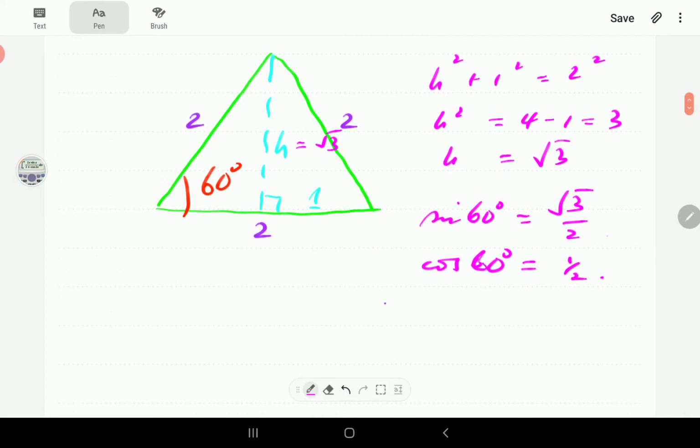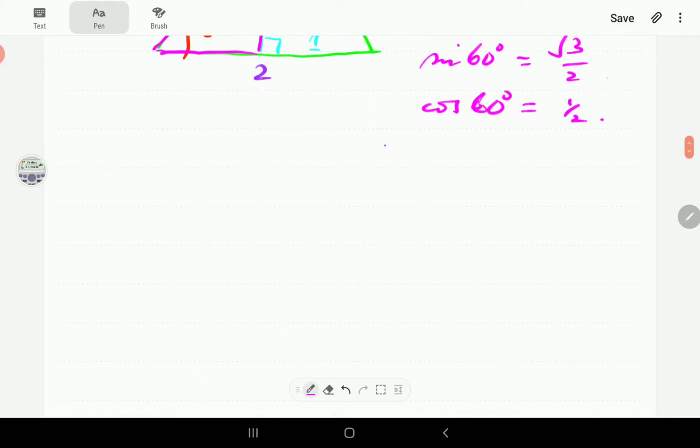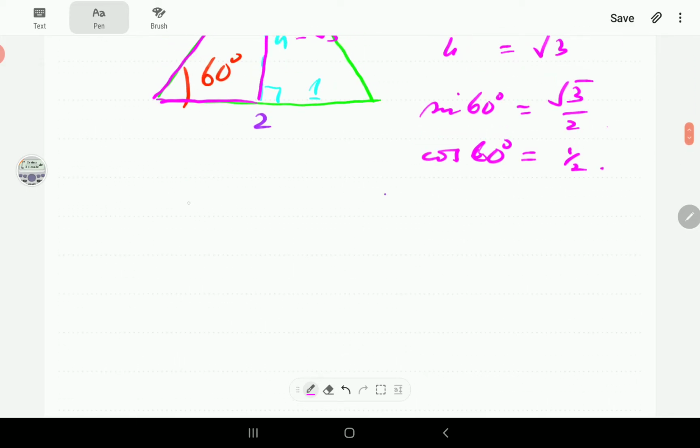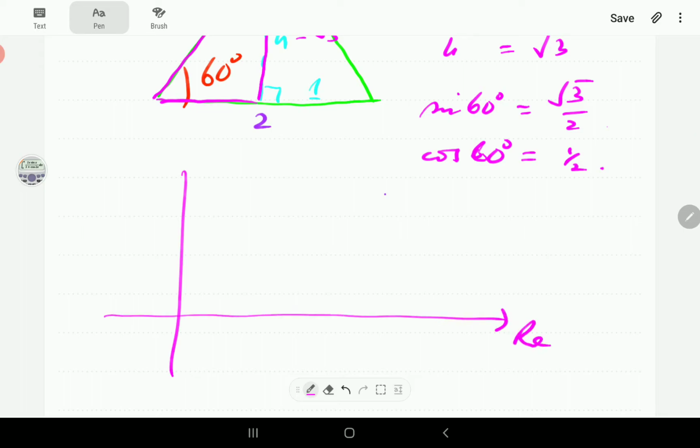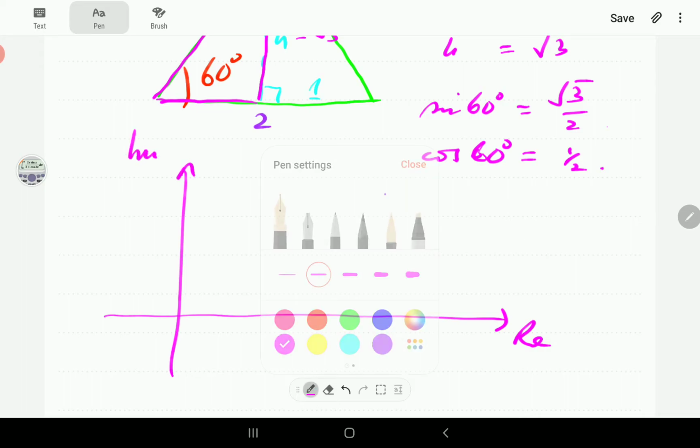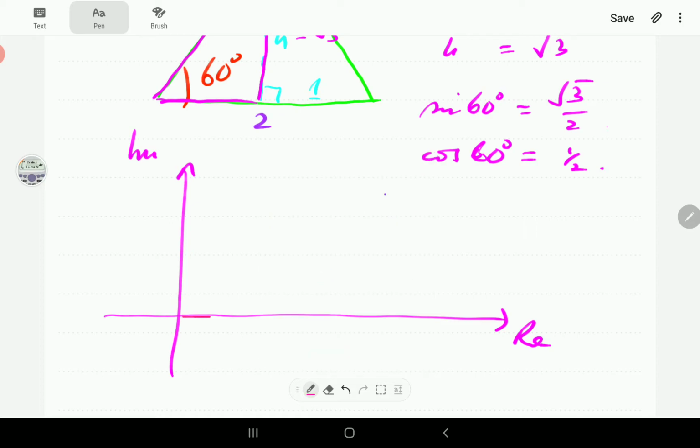All right, so that's good enough. What we're going to do now is take just this half of the triangle and superimpose it on the complex plane. Okay, so this is now our complex plane. This is the real axis. This is the imaginary axis. So we are just going to take that triangle and plant it here.